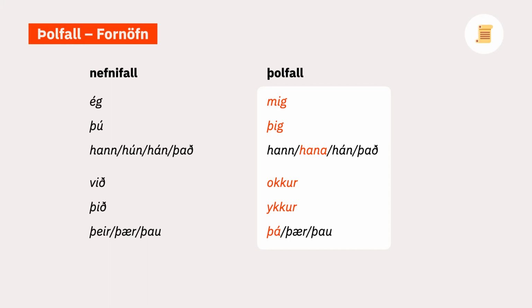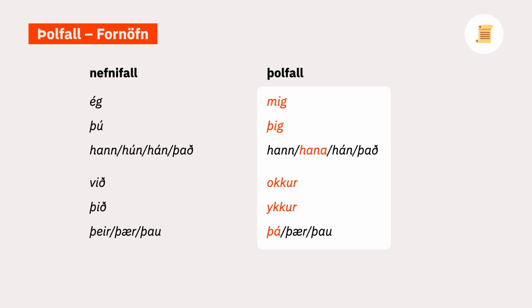This is why English has I and me, he and him, she and her, we and us, they and them, and so on. So you can see some kind of similarities in some of them there, mig, me. Icelandic does this, but it doesn't just do it in the pronoun system, it does it for all nouns, all adjectives, and all numbers.